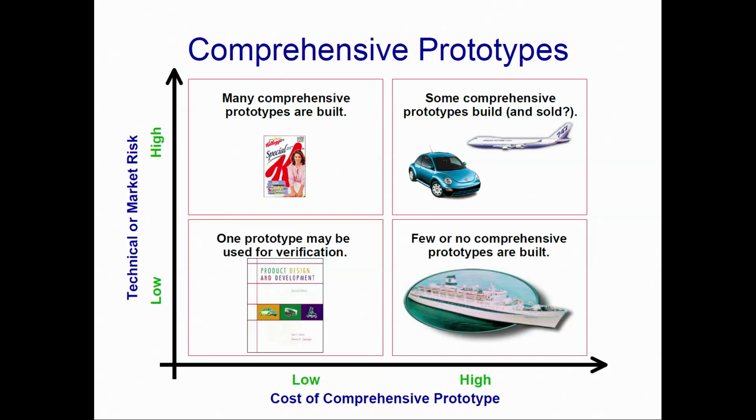They are expensive, but they have also gone through extensive testing. At the other extreme, we have high technical risk versus cost of comprehensive prototype. So, probably the development cost is equally shared by the developer and the customer.